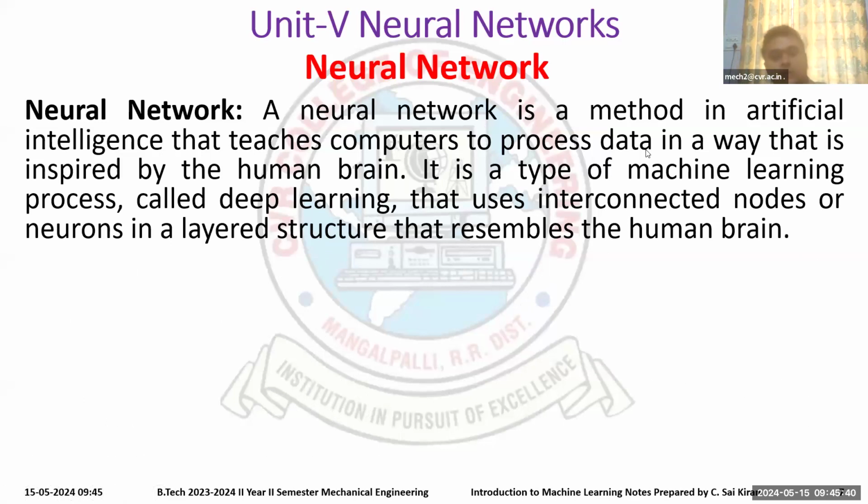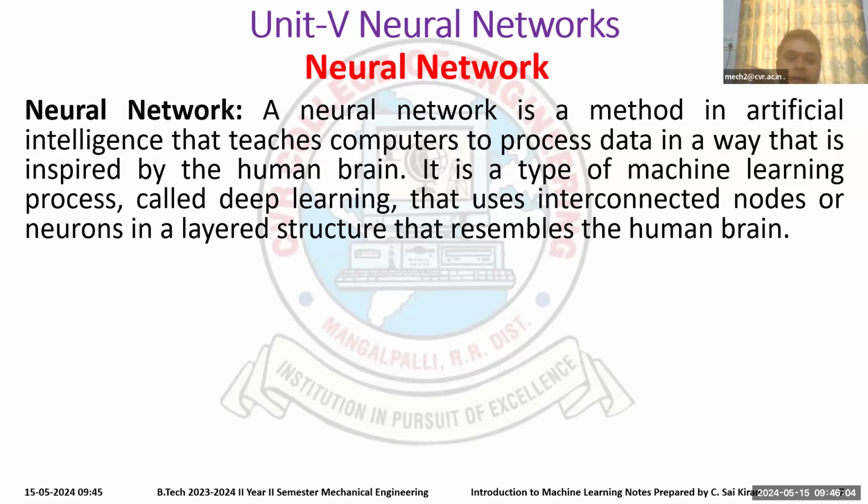Neural network is a method in artificial intelligence that teaches computers. Whenever you use a computer, that computer doesn't have any brain. So we have taken inspiration from the human brain, how the human brain works. We are creating artificial intelligence in the form of neural networks, just as the human brain has neurons.